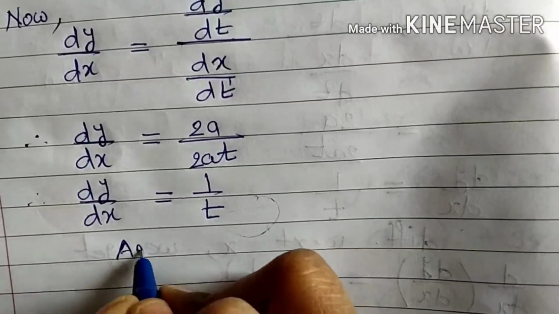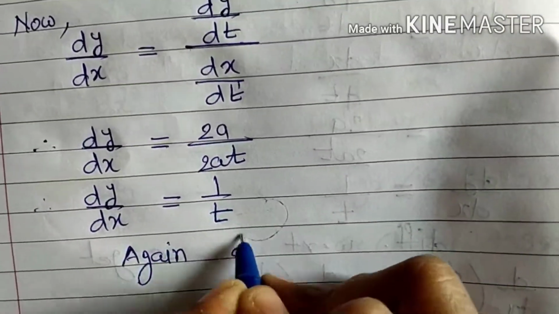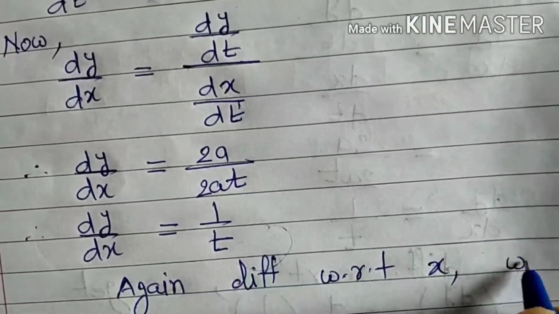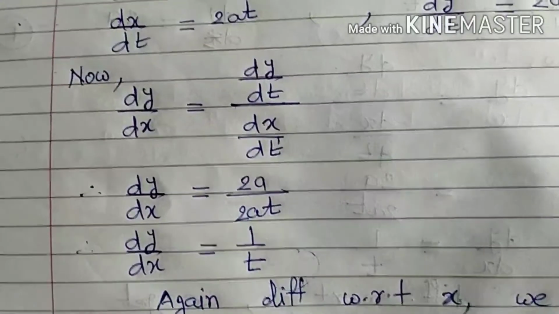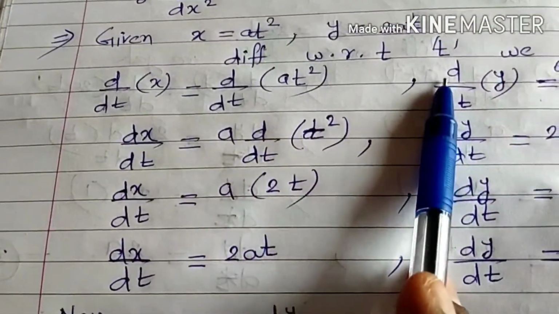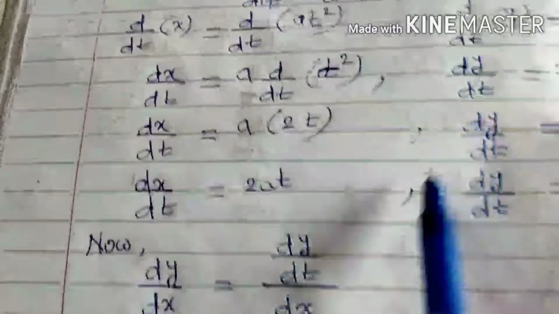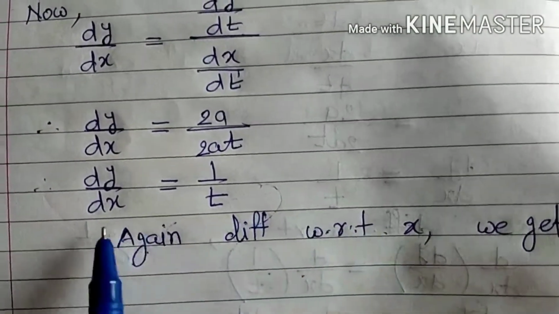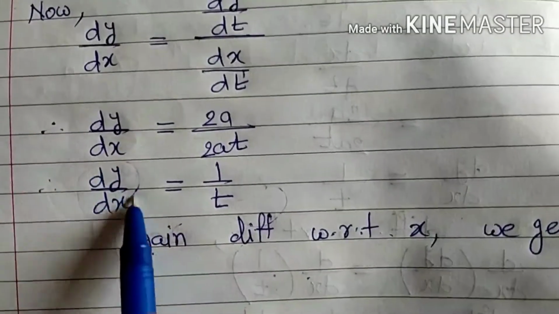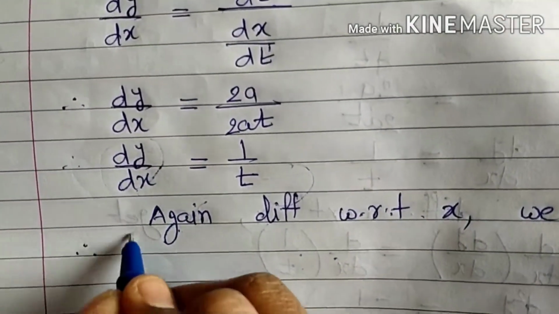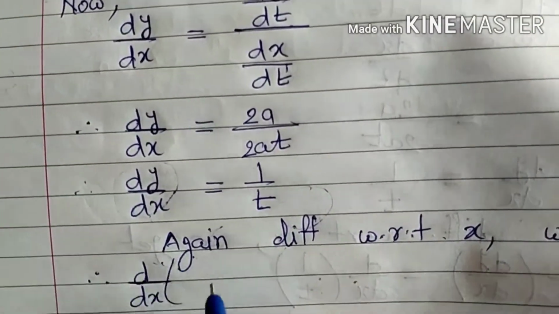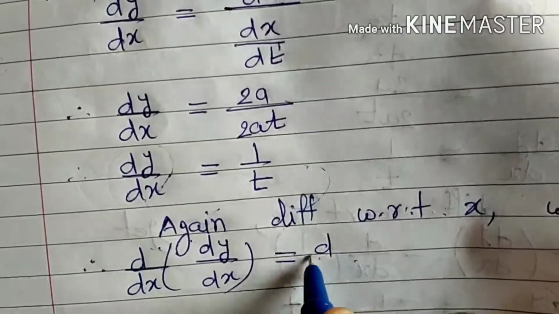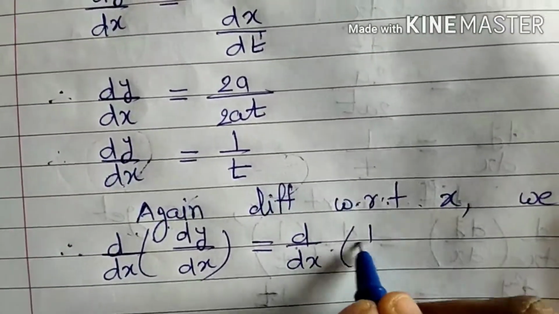So again differentiate with respect to x. Student, remember, first we differentiated with respect to t, because t is the parameter. Now we differentiate with respect to x, because we have to find the second order derivative. So d by dx of dy upon dx is d by dx of 1 upon t.